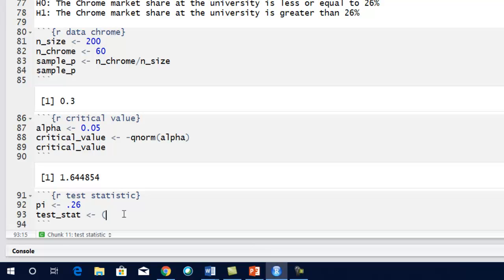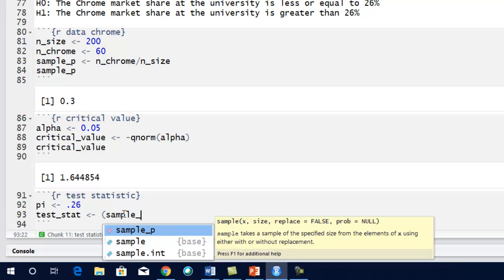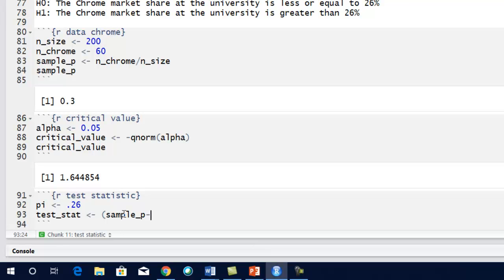And it is equal to the sample proportion minus pi, divided by the square root of pi times 1 minus pi, so this is my population proportion, divided by the sample size.